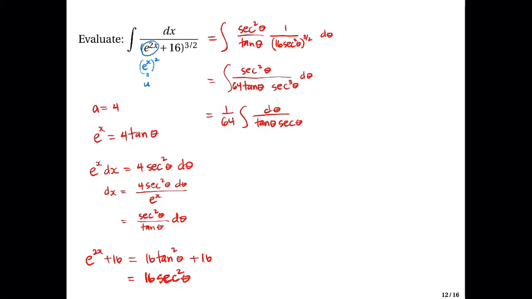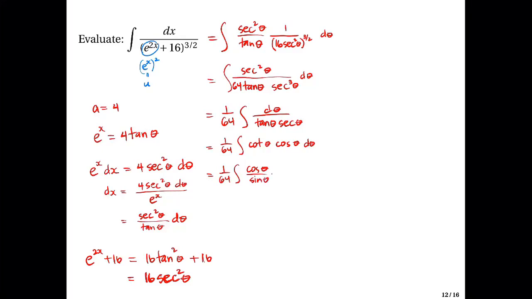And then what will happen? We'll just have 1 over 64 integral of, let's write this as, cotangent theta cosine theta d theta. And what else? Cotangent theta, that's cosine theta over sine theta.